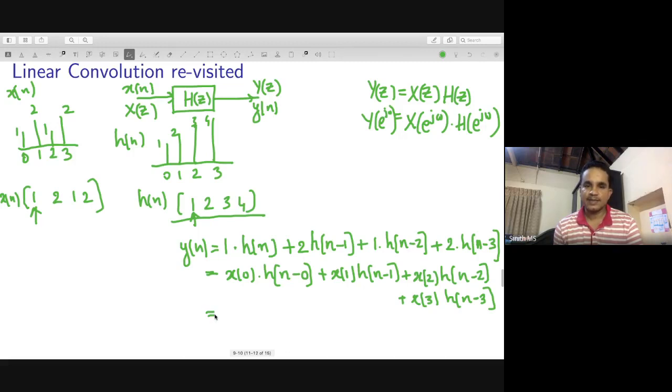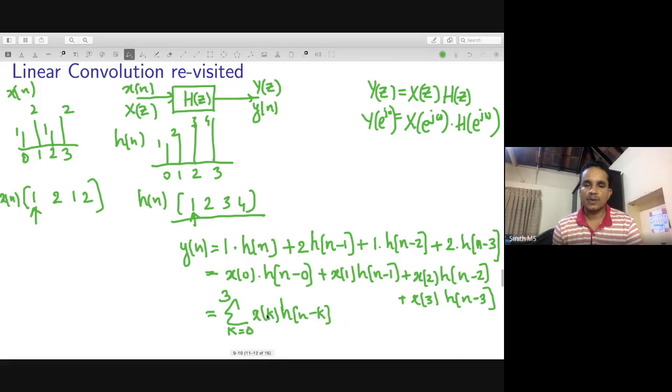This you can write as sigma, let us introduce a variable k, varying from 0 to 3, x[k] h[n minus k]. For k equal to 0, this is x[0] into h[n minus 0].